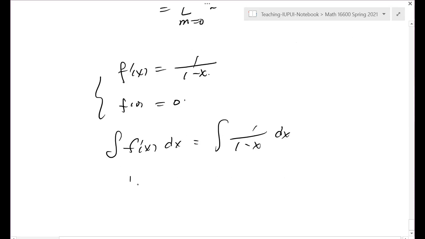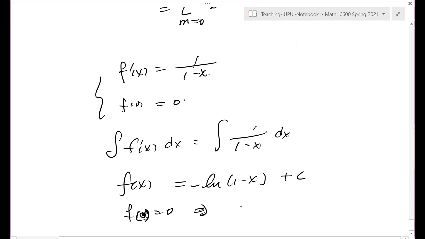The left-hand side, you get f of x. The right-hand side is going to be the natural log of 1 minus x, with a negative sign on that, plus a constant. That's the identity in general. But since f of 0 equals 0, that implies c should be 0. You plug 0 for x into both sides, and 0 is going to be c.